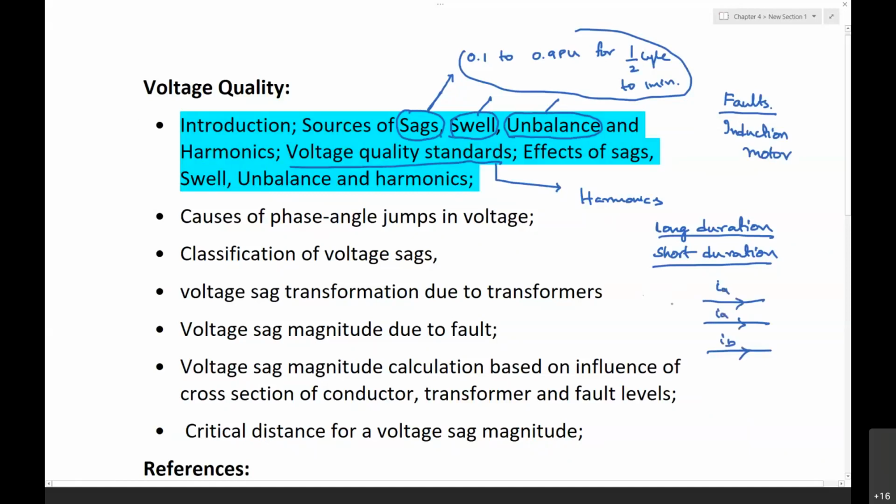When you consider the feeder impedances ZA, ZB and ZC, then at the point of common coupling, where our loads are connected, if you measure the voltage, we'll see the voltage unbalance.